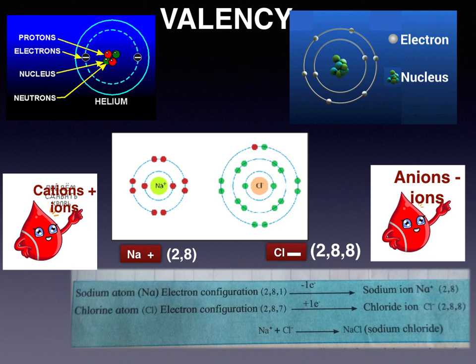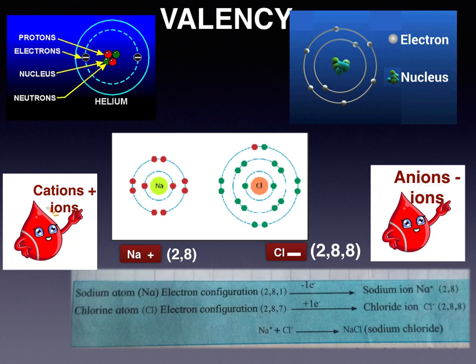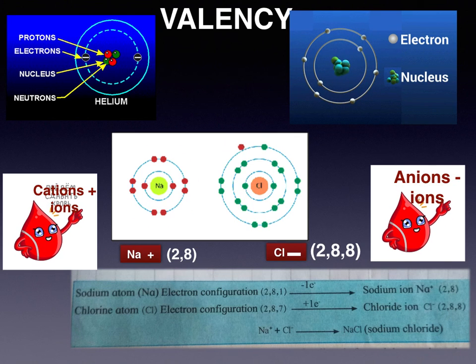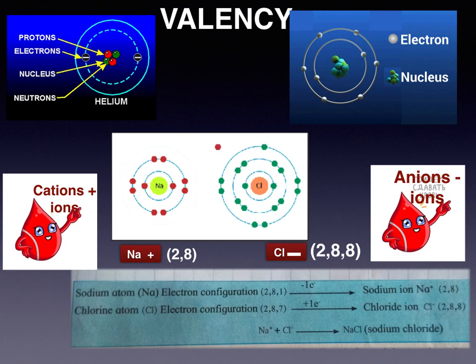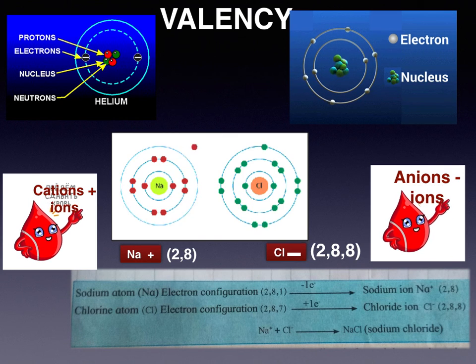After the give and take of electrons is over, the electronic configuration of both the resulting ions has a complete octet, that is sodium 2,8 and chloride 2,8,8. Due to the attraction between the unlike charges on the two ions, one chemical bond is formed between sodium and chlorine, and the compound formed is sodium chloride.